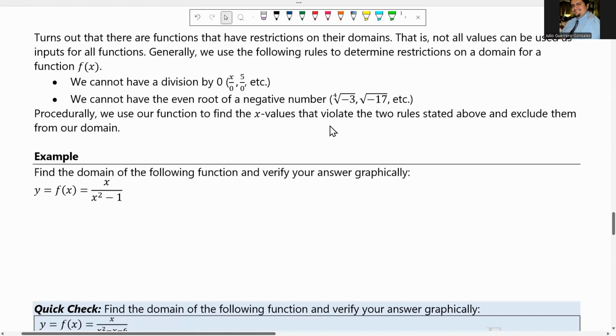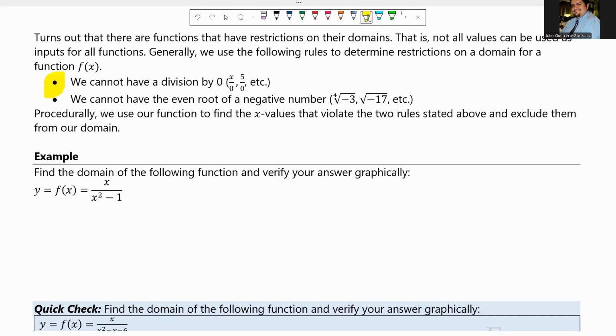As we saw in our example, there are certain values we can't plug in because they produce things that we have no explanation for. The two big ones that we have to watch out for are these. The first one, we cannot divide by zero. Something divided by zero does not exist. We have no explanation for it. So we say does not exist. We write it out.